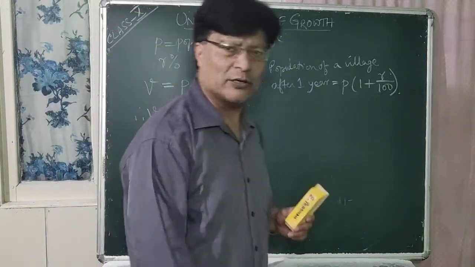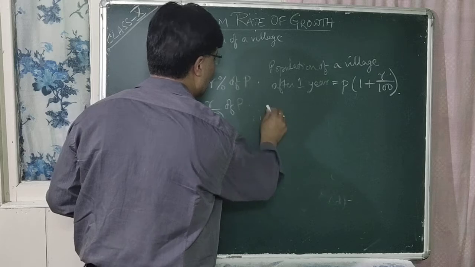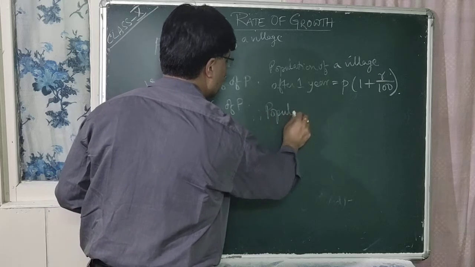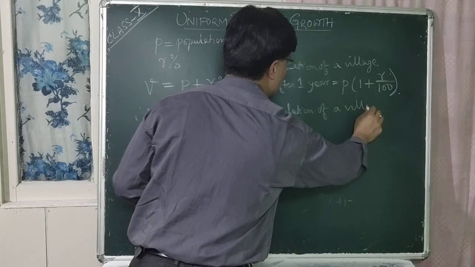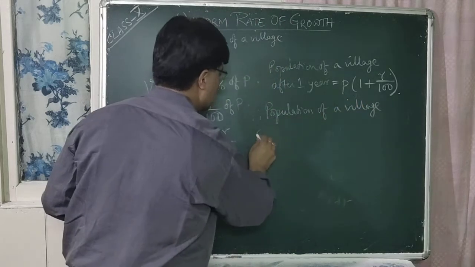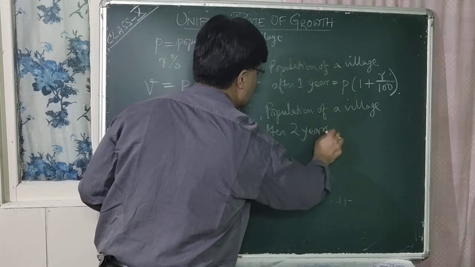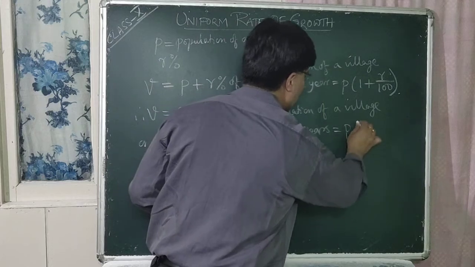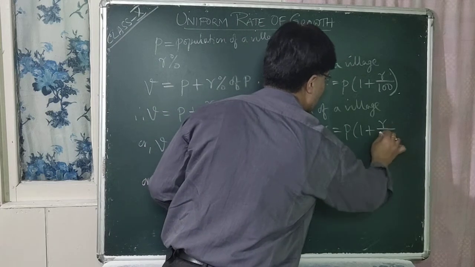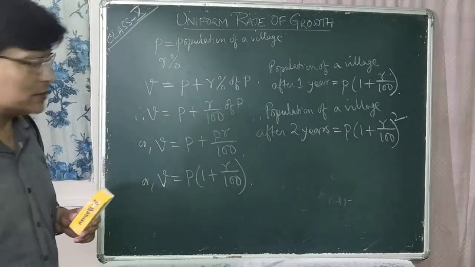It is just like compound interest, right? So the population of a village after 2 years will be P into 1 plus R upon 100, whole squared.